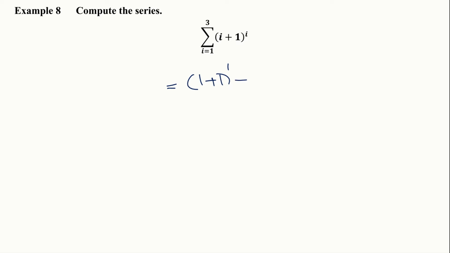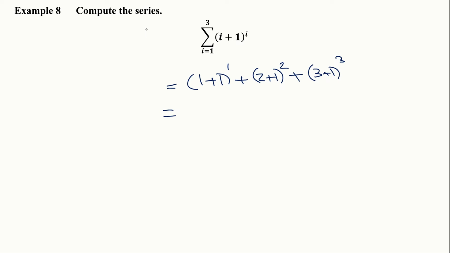Plus, next comes the value i equals 2 plugged in and then added, so 2 plus 1 to the power of 2. Next, we go to 3, so quantity 3 plus 1 to the power of 3. And that's it. We only had to run through values of i from 1 to 3.